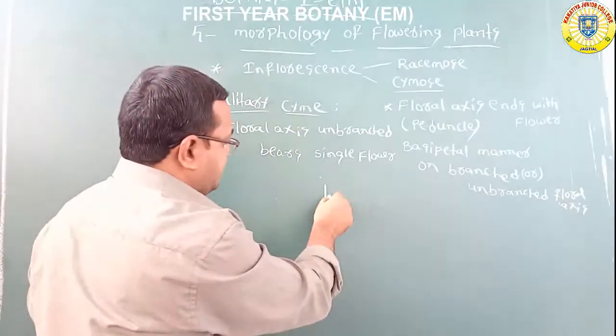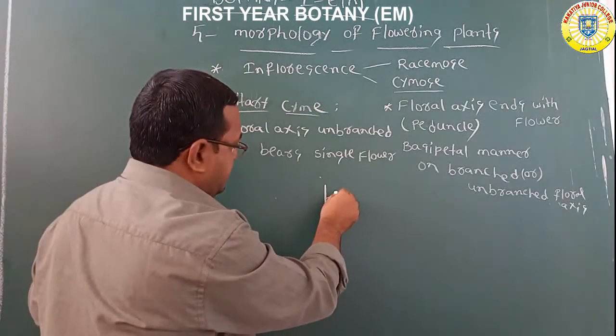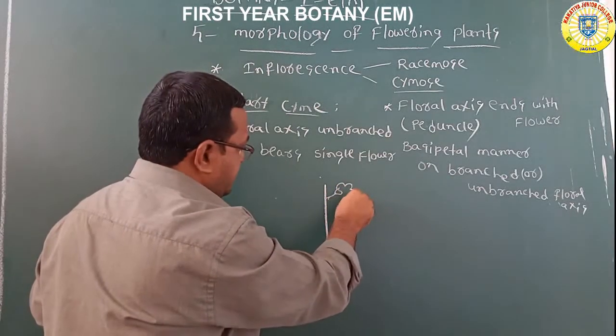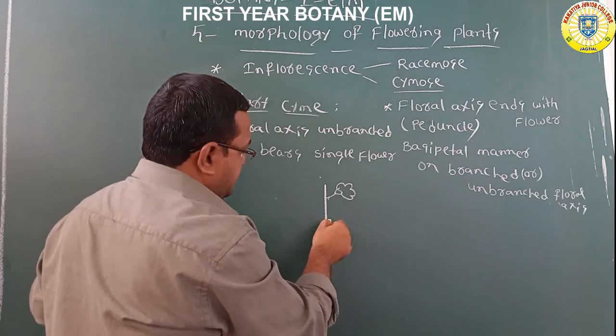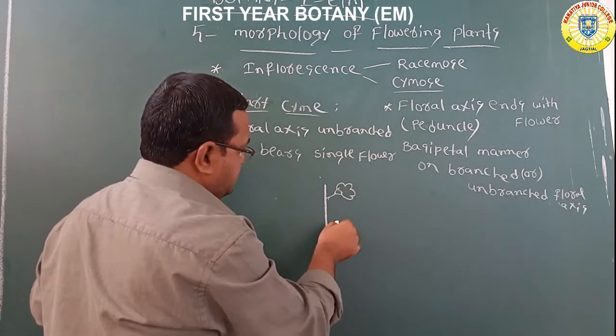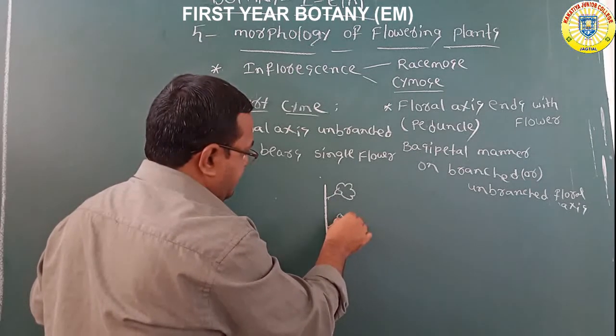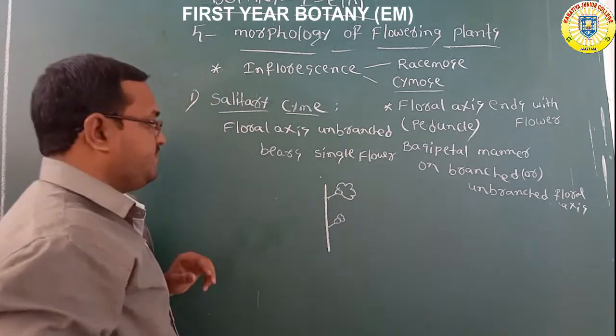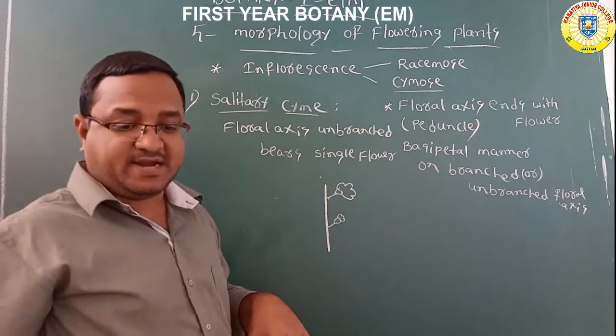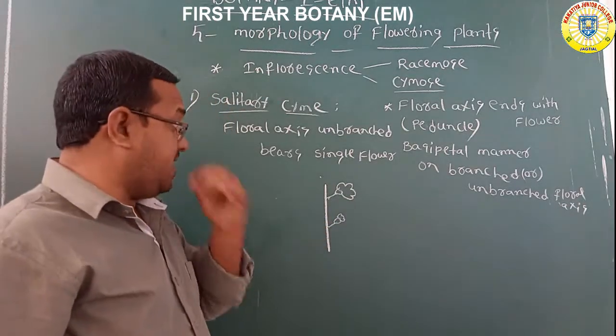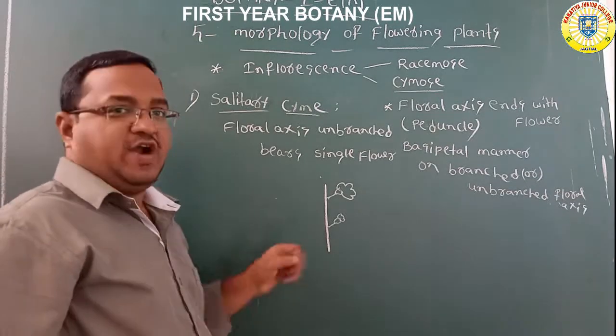So the first flower is arranged here. Then the next flowers are arranged on the base. So, basipetal manner. Flowers are arranged in basipetal manner on the floral axis.